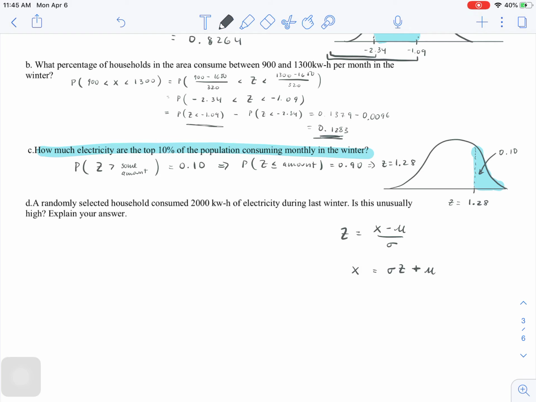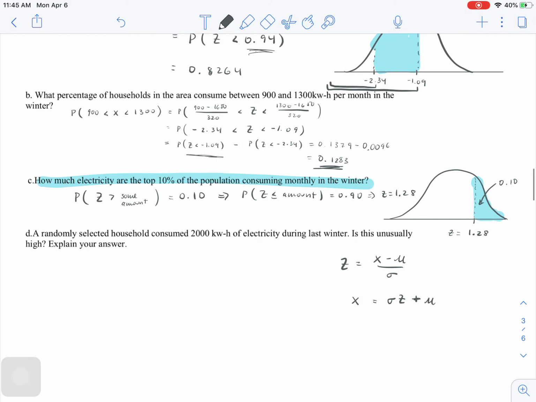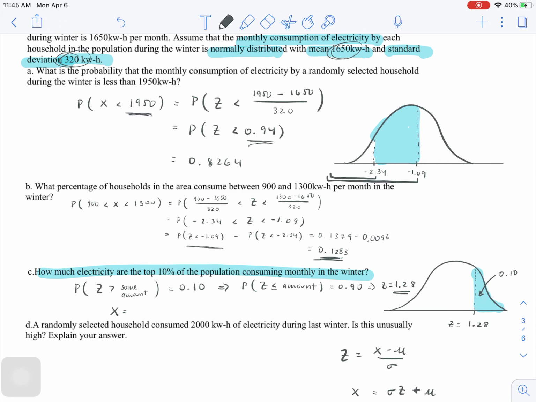So we're given the standard deviation and our mean, and I found the z-score, so I just have to convert. I get that x is equal to 320, the standard deviation, times 1.28, plus our mean of 1650.